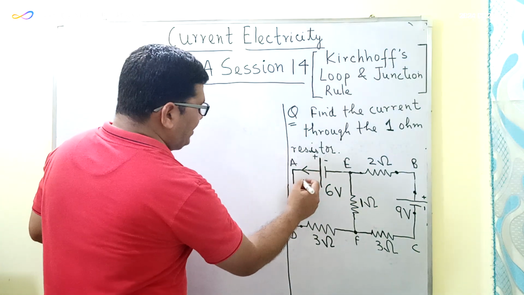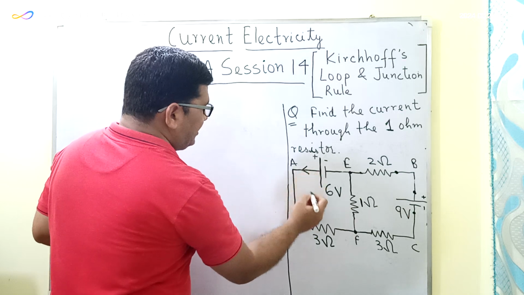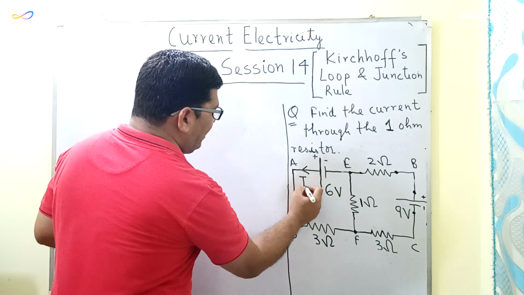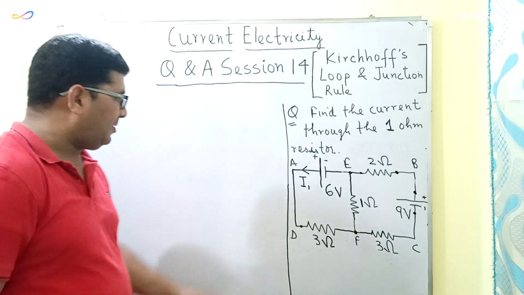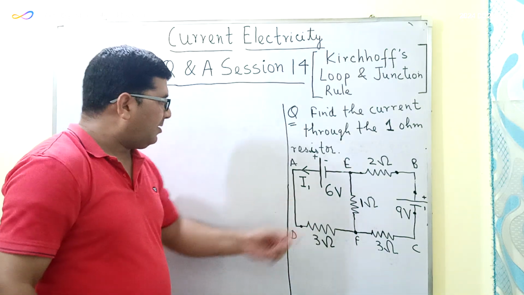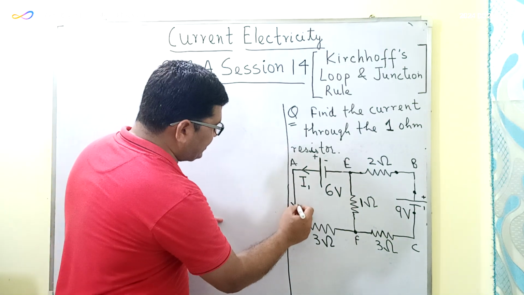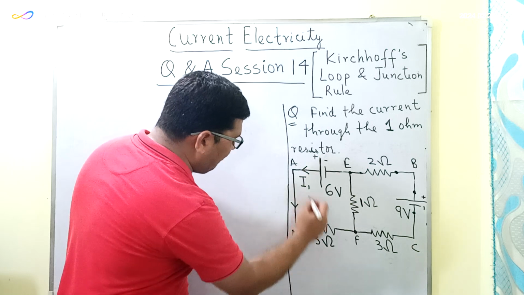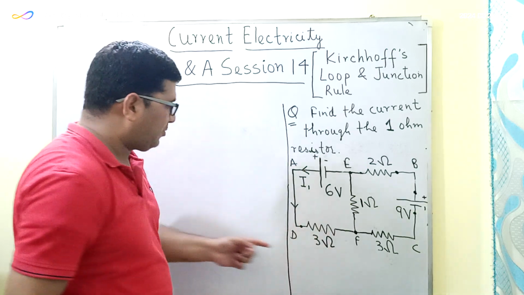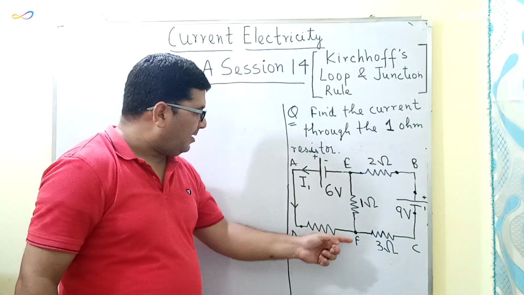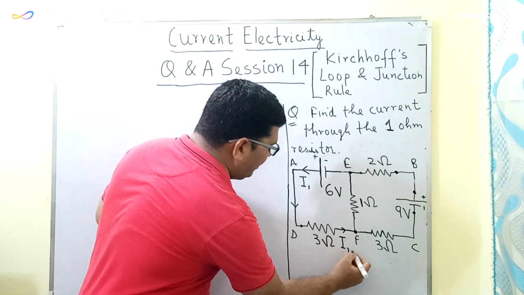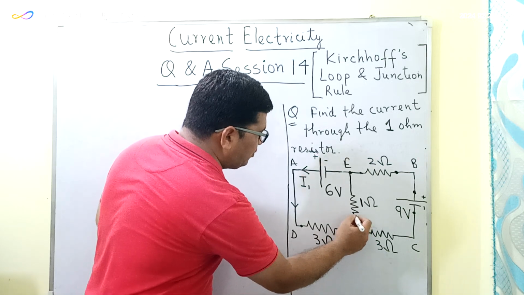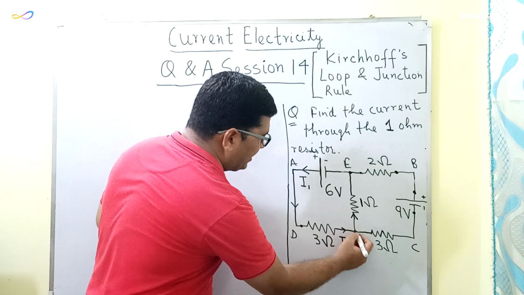So I am considering here that a current, say I1, is flowing across this EMF source, and so the same current will also flow across this 3 ohm resistor. Now this current I1 gets divided into two parts at this junction.